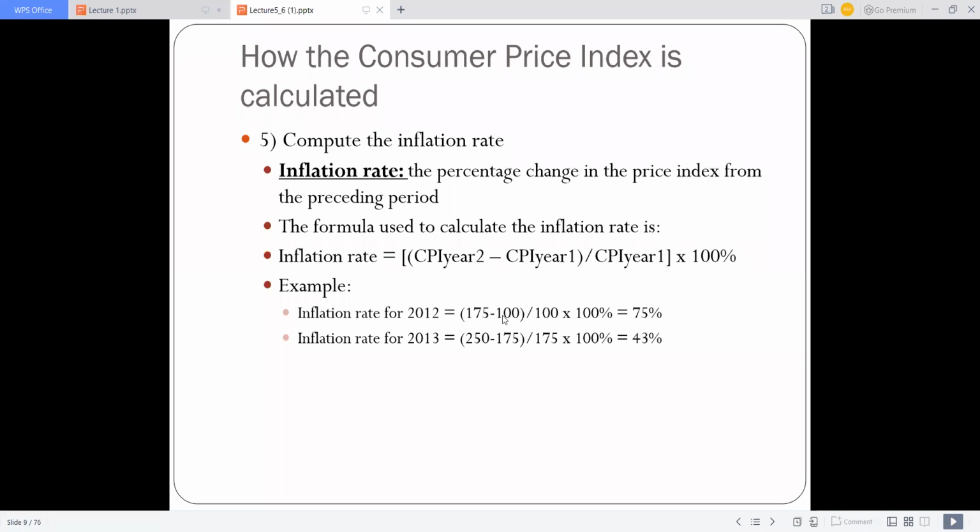If you look at this value here, we are getting 75, even though we have 250 over here. But it doesn't depict a higher CPI. If you want to compare with reference to what happened in 2012, you could see that this one is giving us a higher inflation rate, as much as 75% with respect to 43%. Sometimes you can have a higher CPI, but you may not have that kind of high inflation.